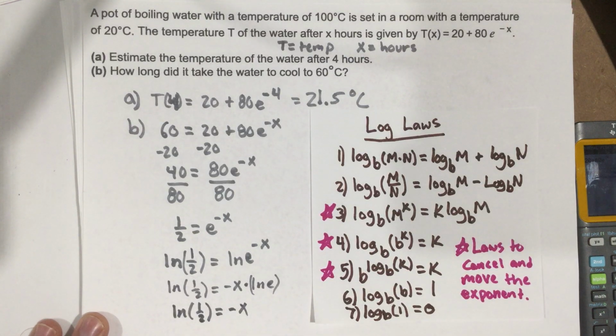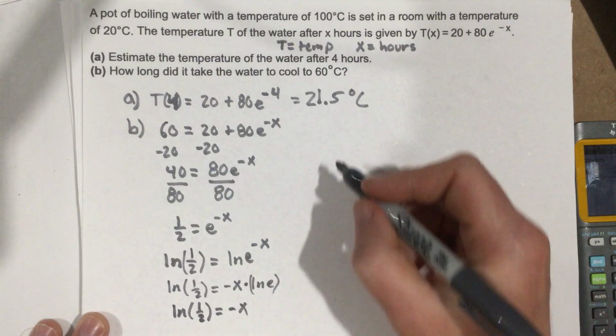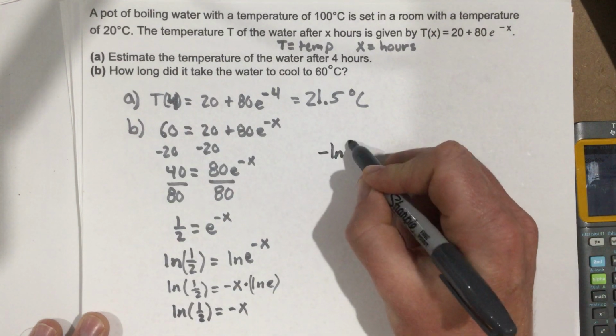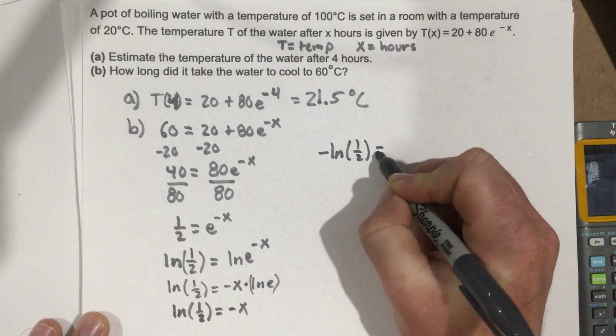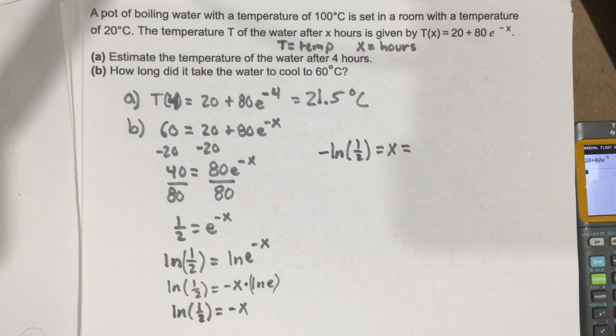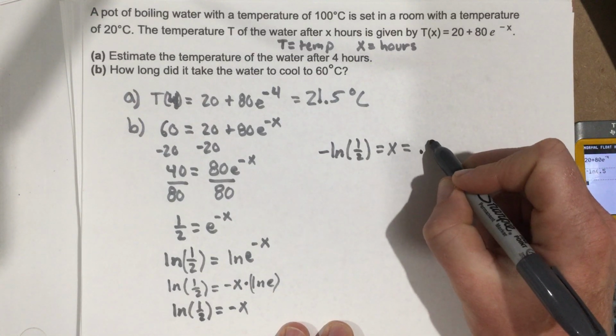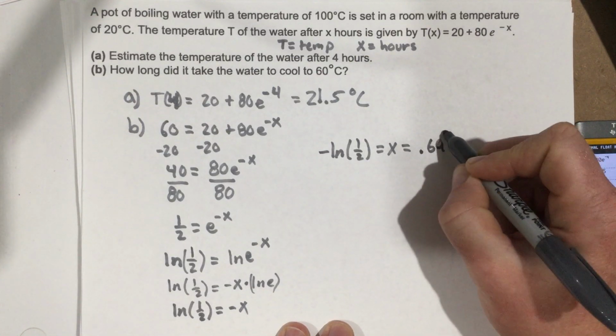Last step is to divide by negative, so I end up with negative natural log of 1/2 equals x, which equals, if we plug that in the calculator, we get negative natural log 0.5, 0.69.